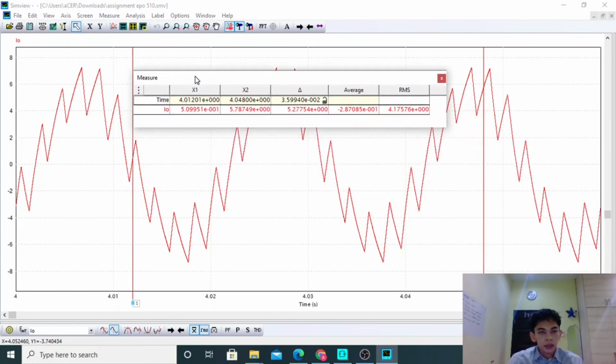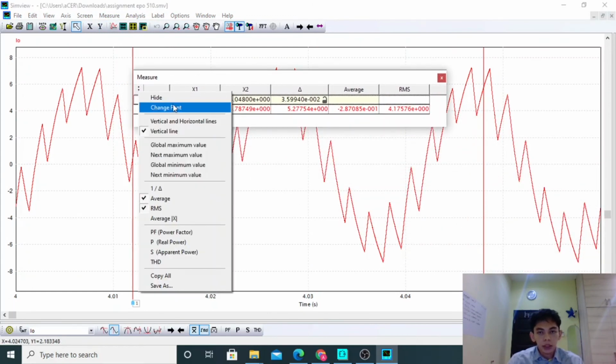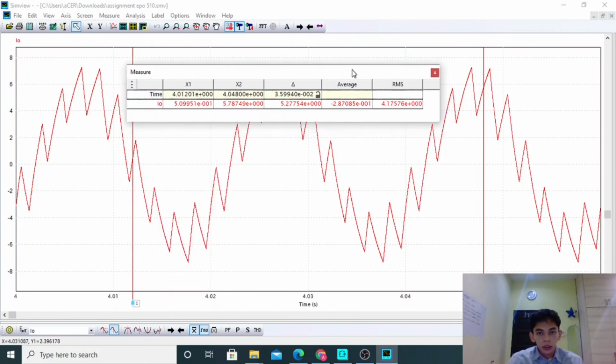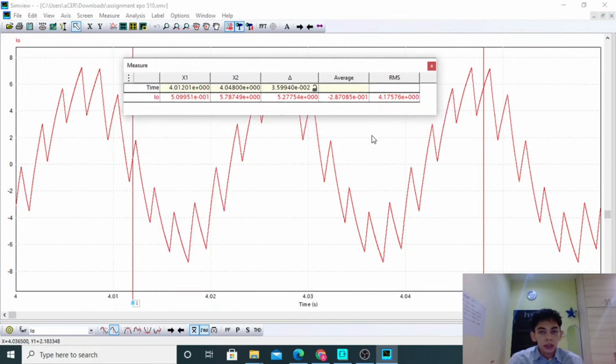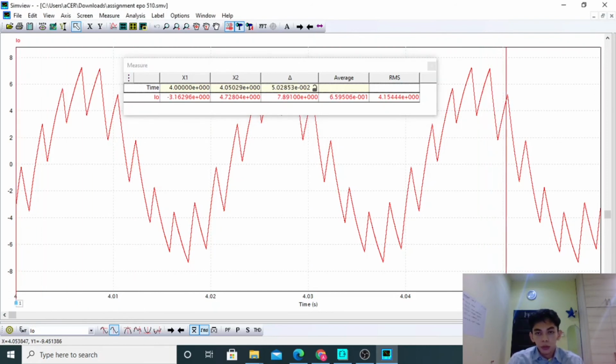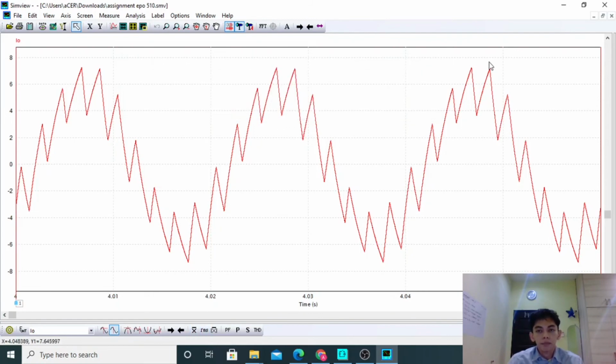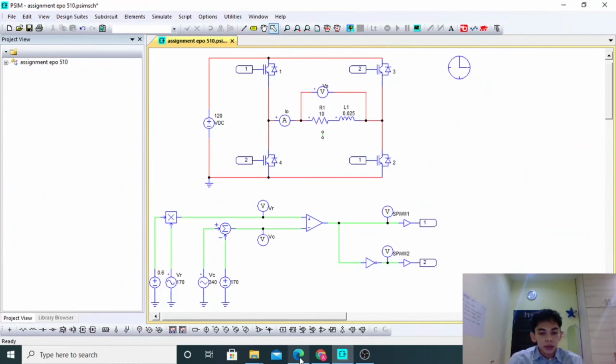As you can see here, we choose RMS, but in one complete cycle. So we will adjust here from 4 to 4.06. Okay, so here the result of RMS of I naught is 4.16479 ampere.